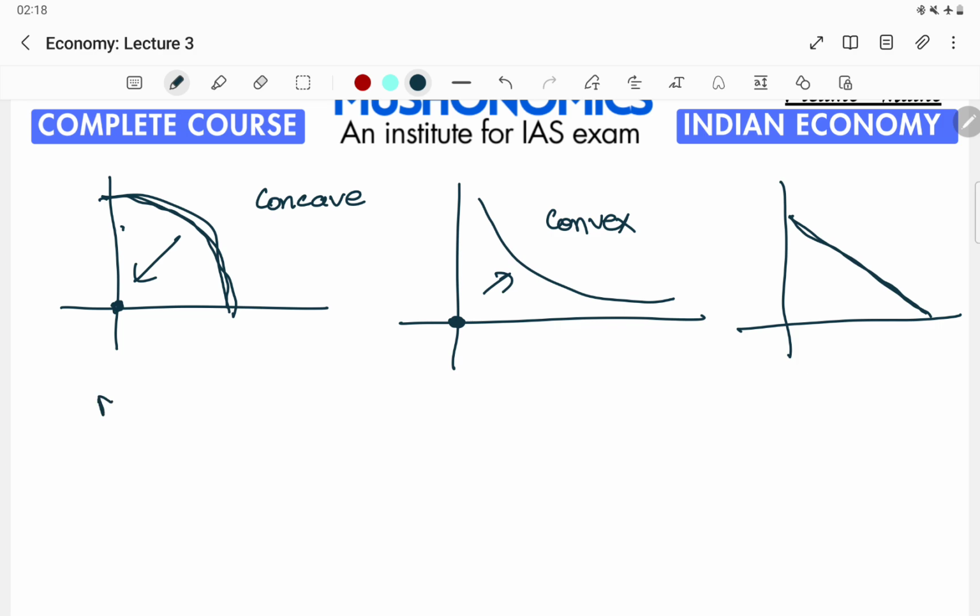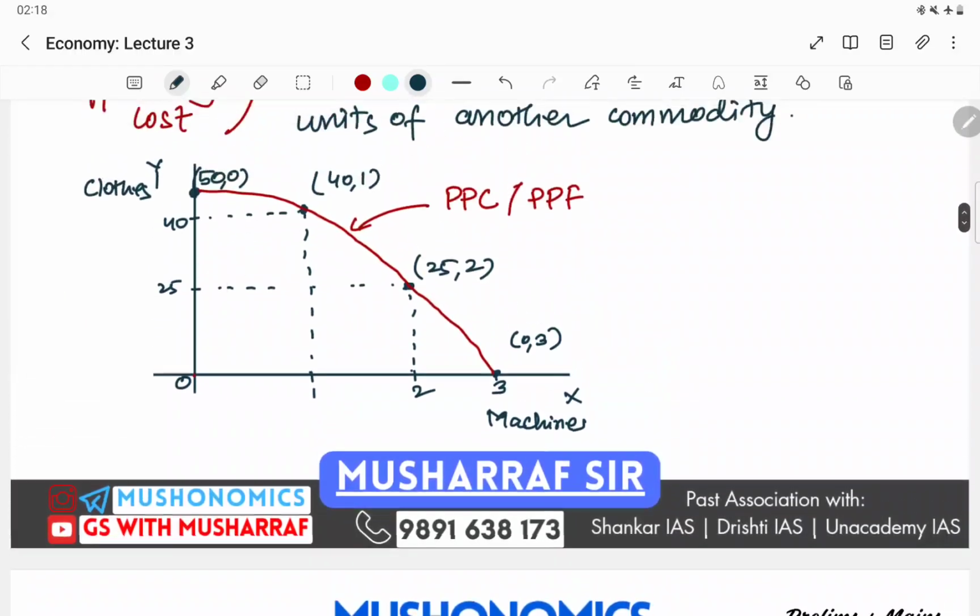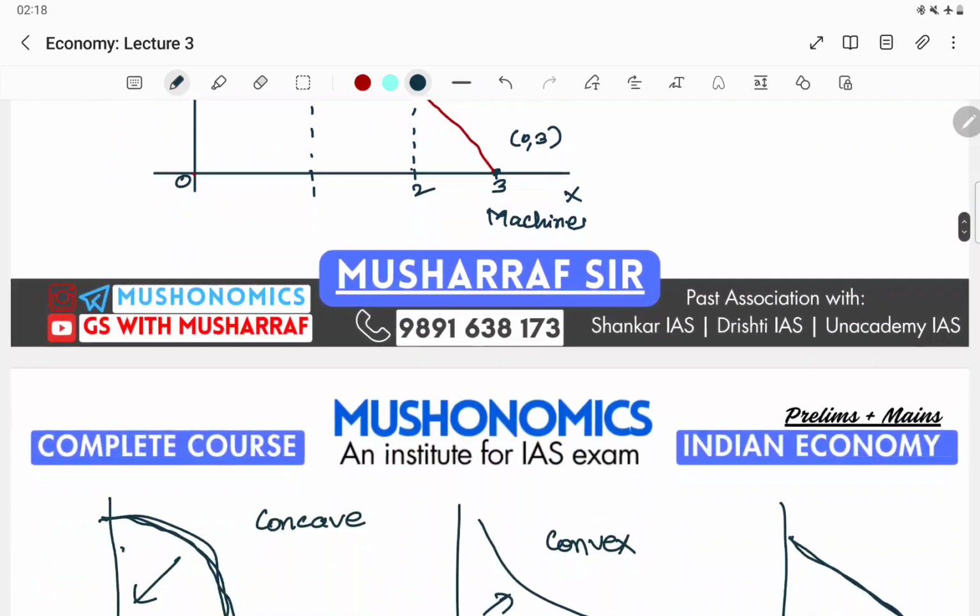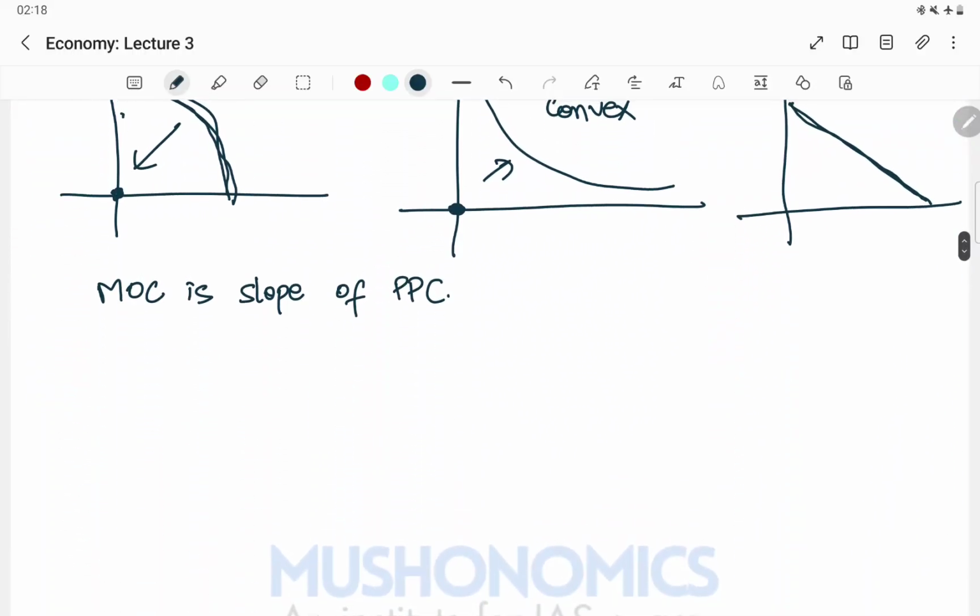See, marginal opportunity cost is nothing but the slope of PPC, that we can see here. The slope of PPC is what? Marginal opportunity cost. If marginal opportunity cost is increasing, then we will have a concave PPC.